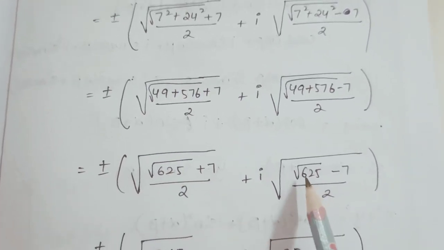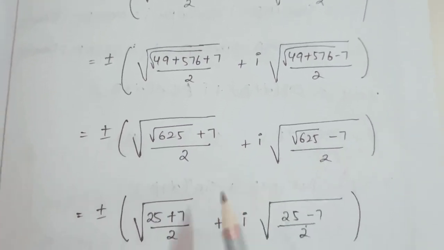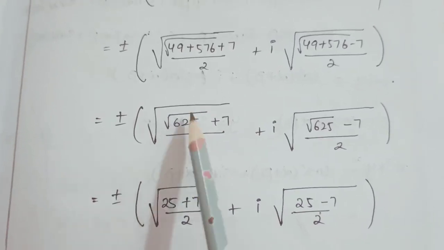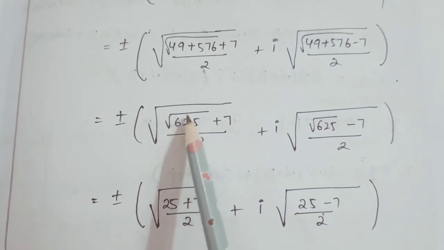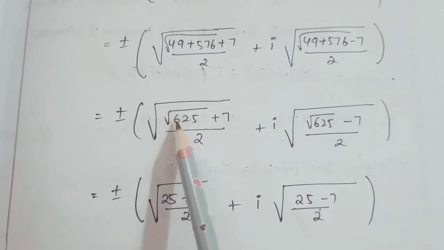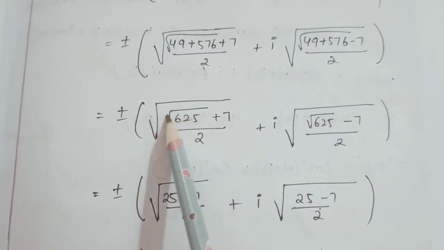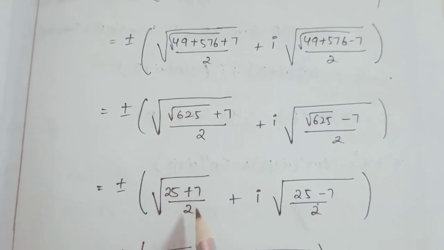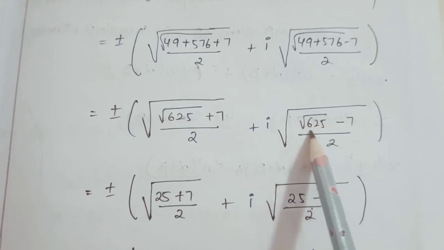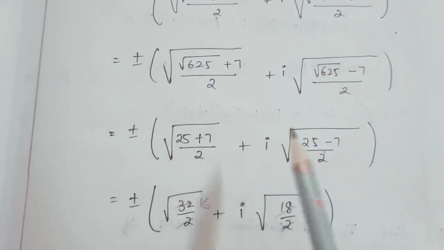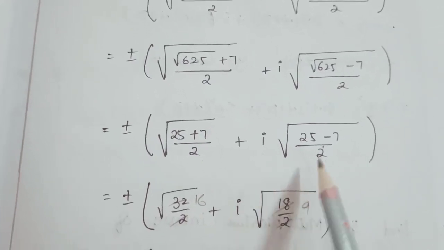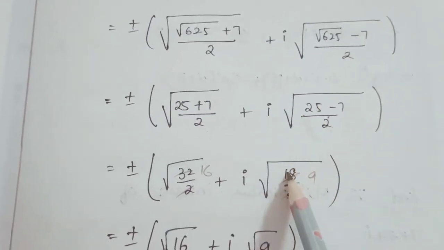Here also 625 minus 7. We know the root of 625 is 25, so this root is removed: 25 plus 7 by 2 plus i under root 25 minus 7 by 2. 25 plus 7 is 32 by 2, plus i under root 25 minus 7 is 18 by 2.